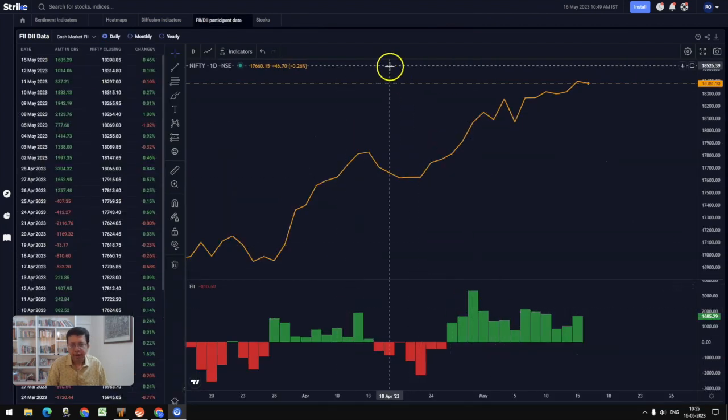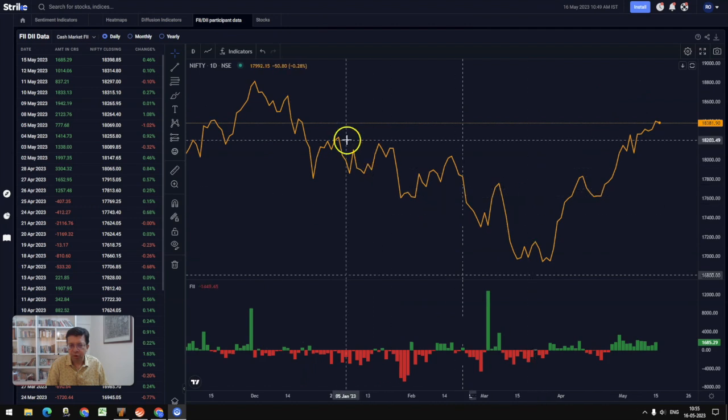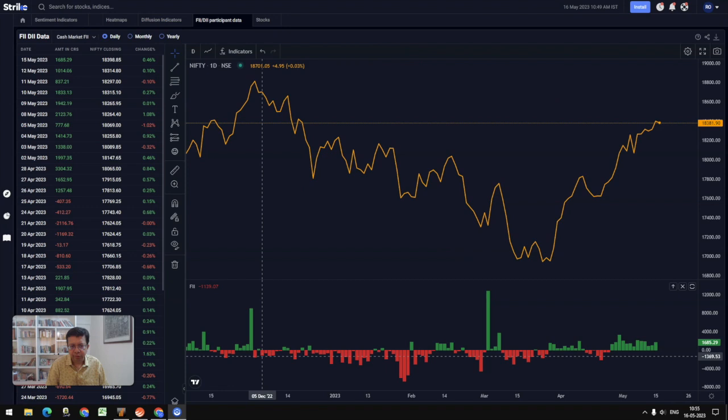Another interesting fact is that after a very, very long period of time, we are seeing consistent buying by FIIs. So you see all these greens here. However you want to watch it, you're seeing a lot of fresh buying coming in, which makes it pretty interesting, because we've had a prolonged period of red. If you look back here, there's a lot of red.